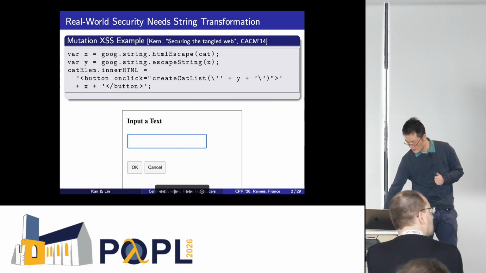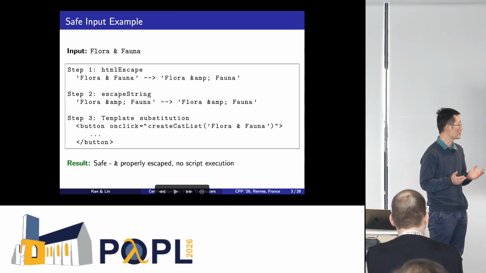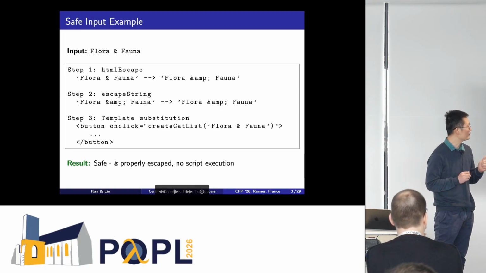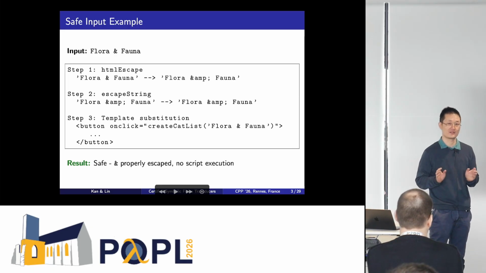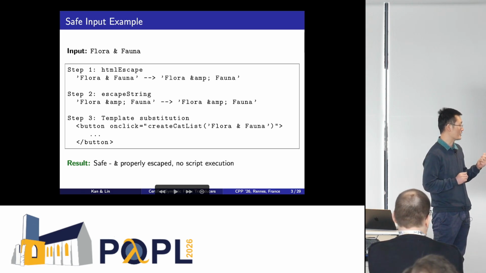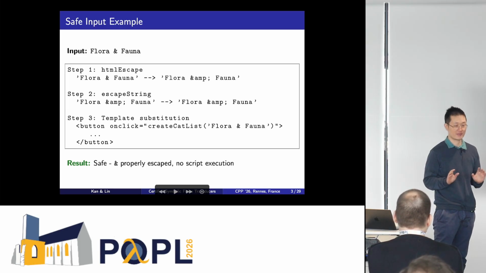If we input Flora and Fauna, that's okay. Because in step one, HTML escape will just escape the ampersand character into its HTML entity. And second, escape string will do nothing because there is no character to escape, so it keeps it unchanged. Third, it just creates a cat list. Everything works fine, no problem, no exceptions.